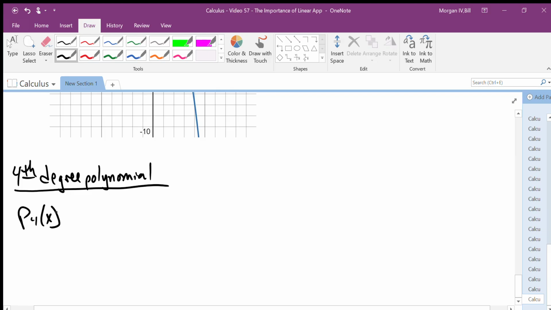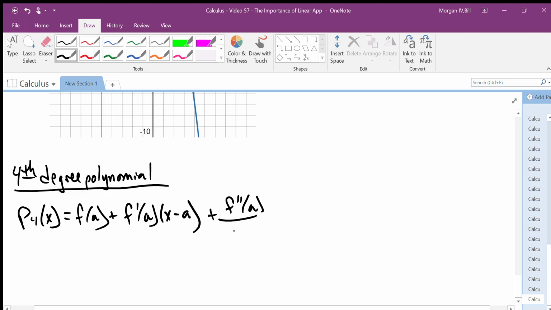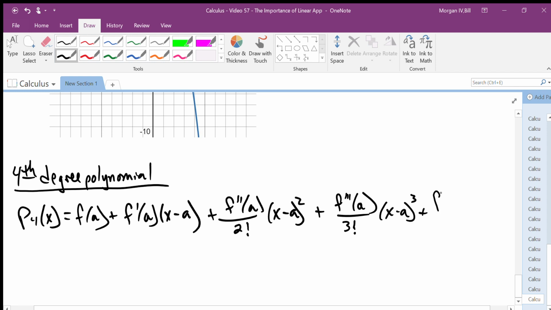P4 of x is equal to f of a plus f prime of a times x minus a, plus f double prime of a over 2 factorial, I'll use the factorial notation here, times x minus a squared, plus f triple prime, the third derivative at a, over 3 factorial, times x minus a cubed, plus the fourth derivative, and here we stop using the primes because there's too many, it gets in the way.